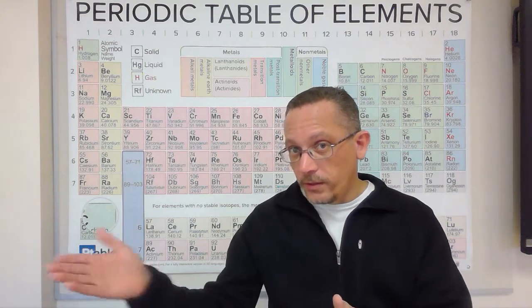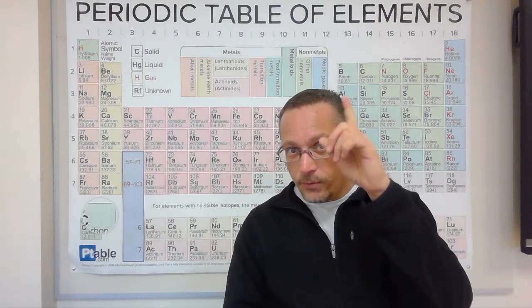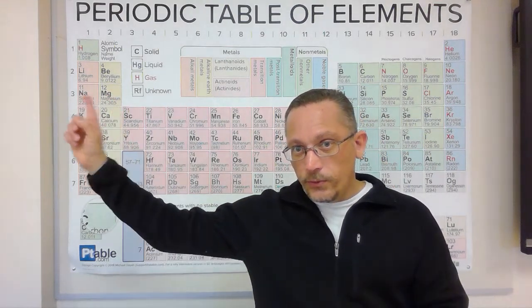The noble gases have 8 valence electrons. The halogens have 7 valence electrons. The chalcogens have 6 valence electrons. And then 5, 4, 3, 2, 1 valence electrons. So instead of saying the atoms are trying to get the same number of electrons as the noble gases, we could say they're trying to get 8 valence electrons.